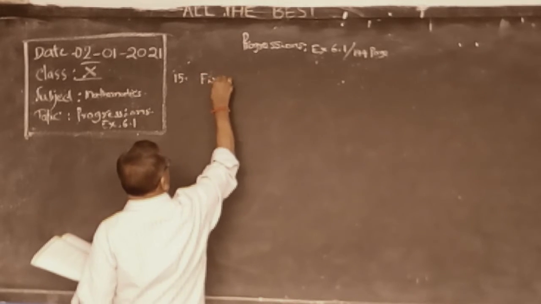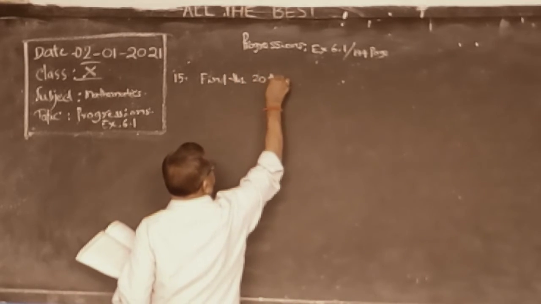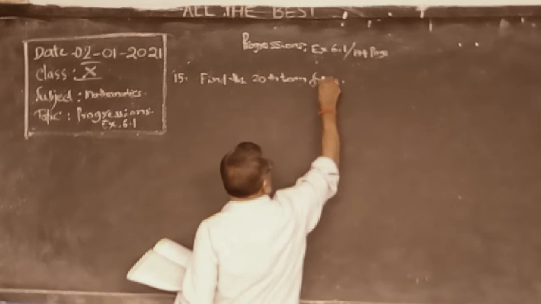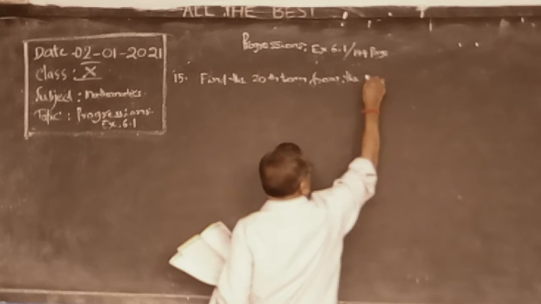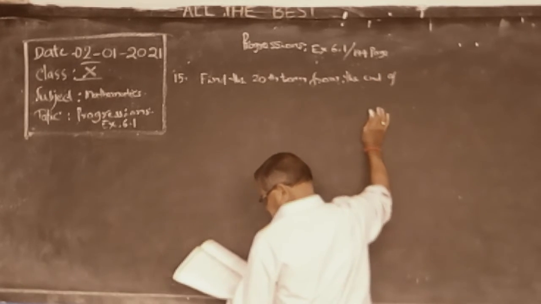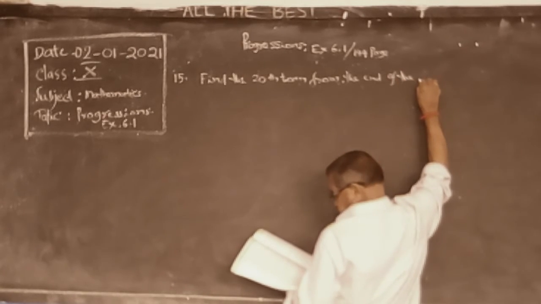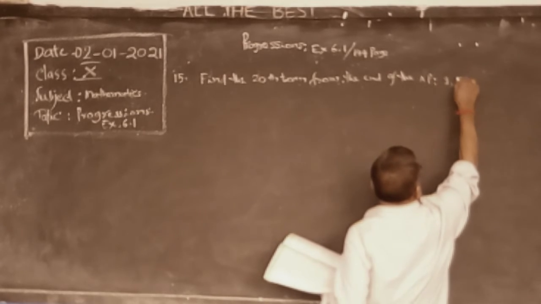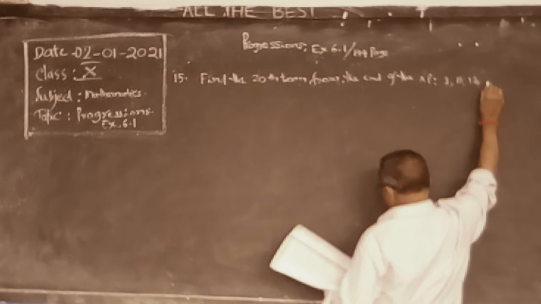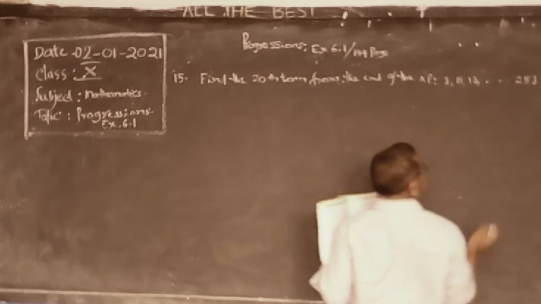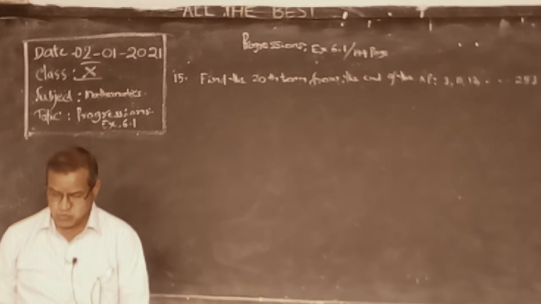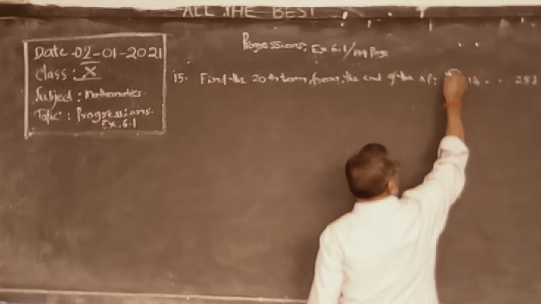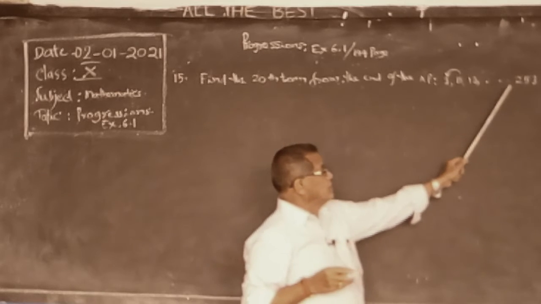Find the 20th term from the end of the AP 3, 8, 13, ... 253. Here the first term is 3, the common difference is 8 minus 3, that is 5, and the last term is given as 253.